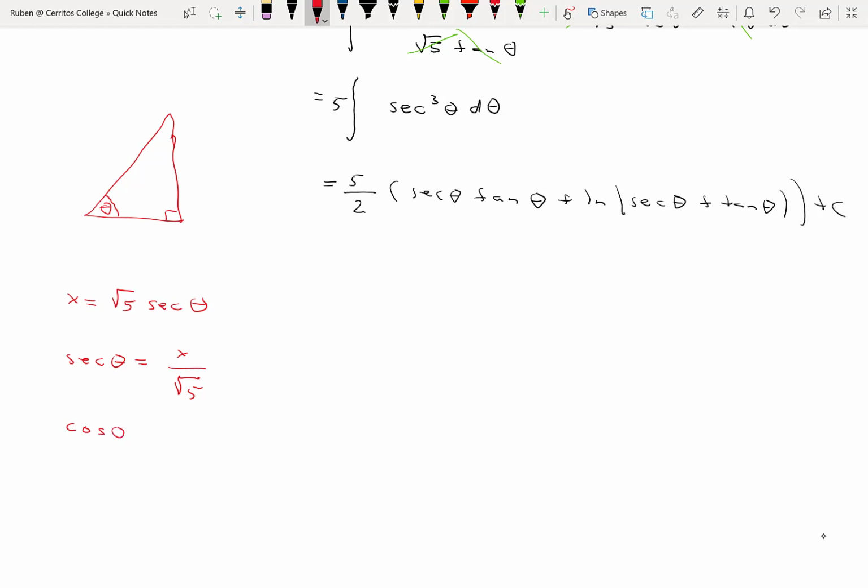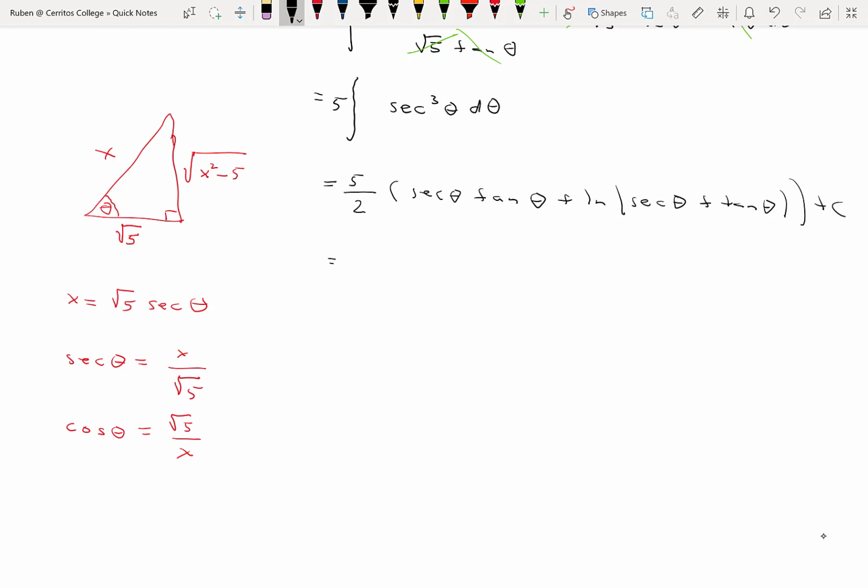I do better with sines and cosines, so this says cosine equals radical 5 over x. Remember, cosine is the reciprocal of secant. Back to the triangle. Cosine is adjacent over hypotenuse. The Pythagorean theorem will leave you with the square root of x squared minus 5. If you're not sure about that, stop the video and use the Pythagorean theorem to get that last side.